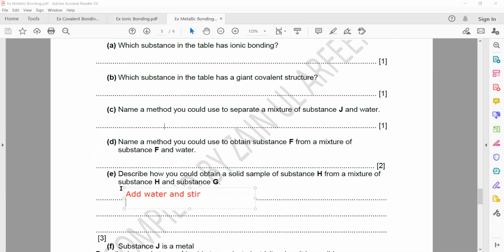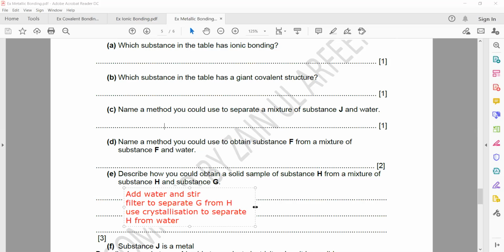After stirring, because G is insoluble and H is soluble, we will filter to separate G from H, and then we will have a solution. If an ionic compound is there, we can use crystallization to separate H from water.